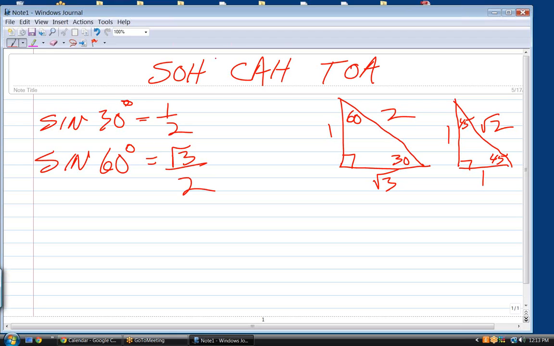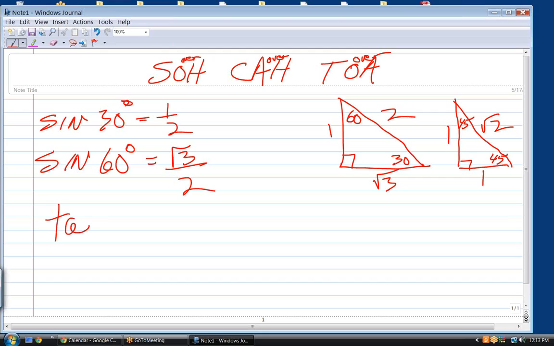In other words, in this SOHCAHTOA, there's a hidden over right there, in all three of them. The O is opposite, the H is hypotenuse, the A is adjacent. And then, of course, sine is opposite over hypotenuse.